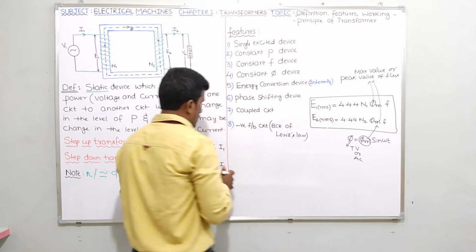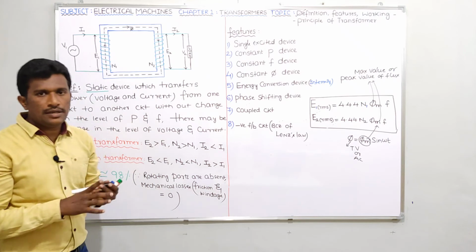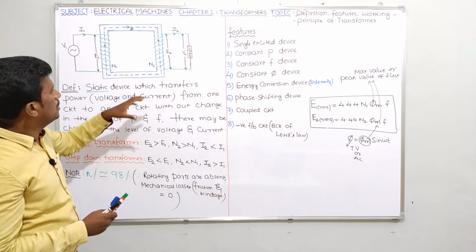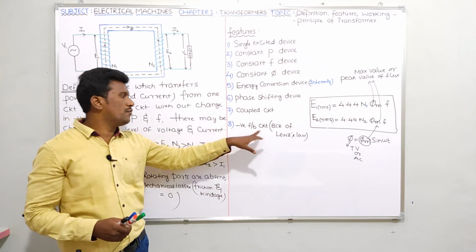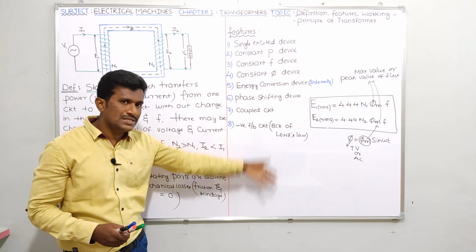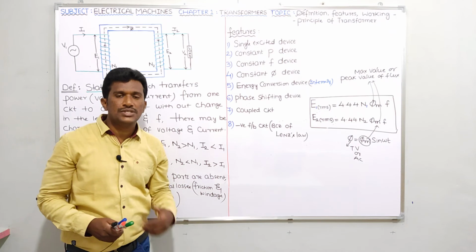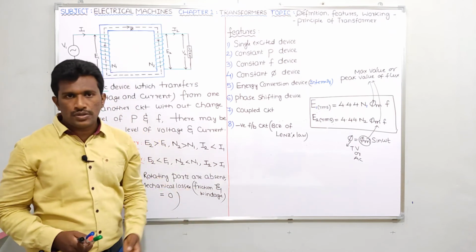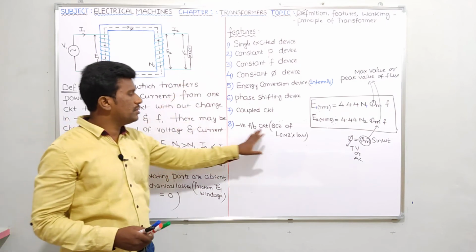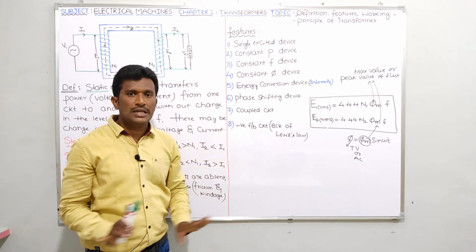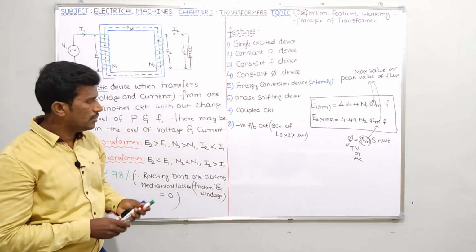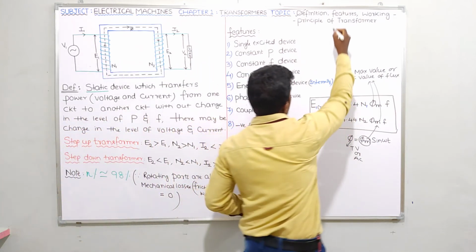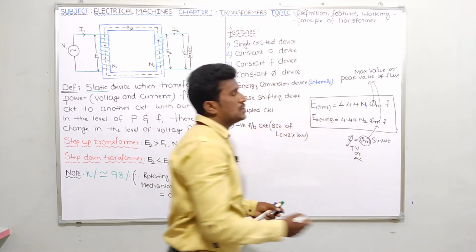This Lenz's law will be explained clearly in future videos, how the effect opposes the change in cause, and why we call transformer a negative feedback circuit. For now, simply note down: transformer is a negative feedback circuit because of Lenz's law. That's it. So this is about features of transformers.